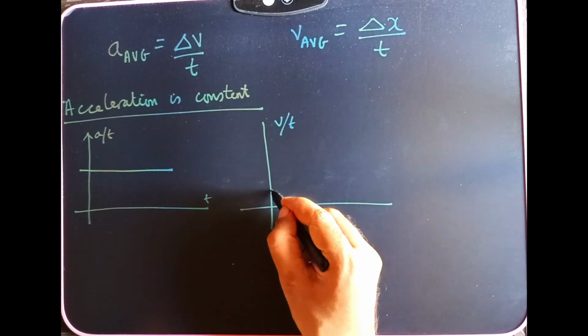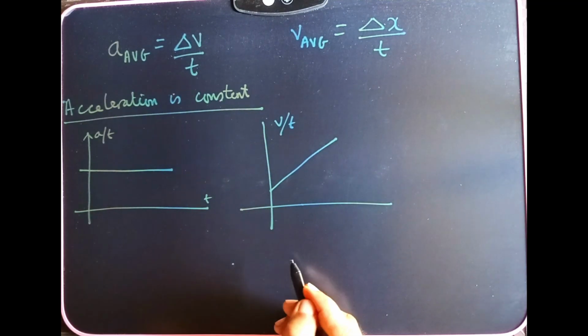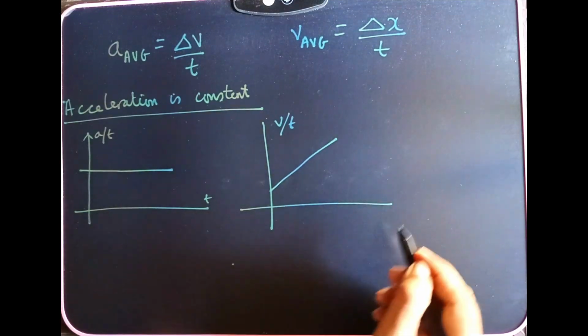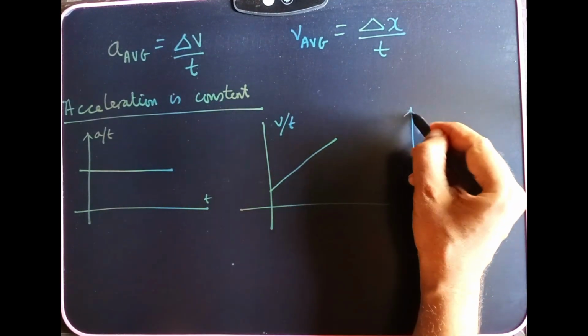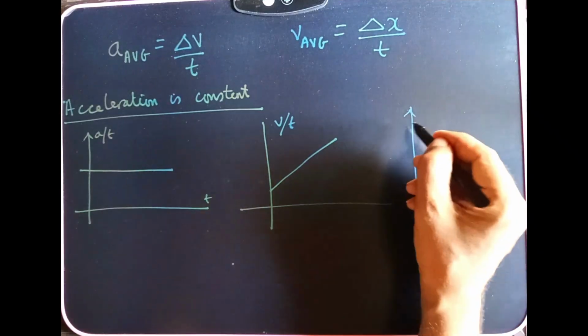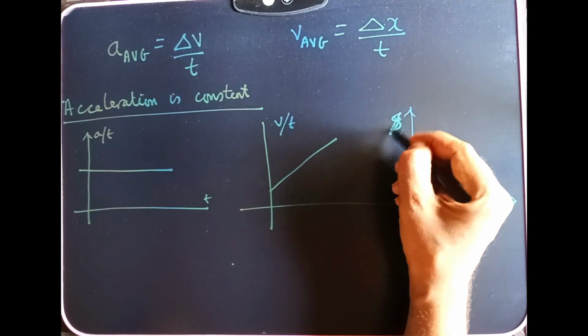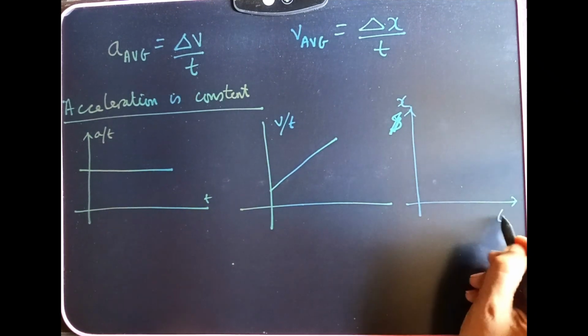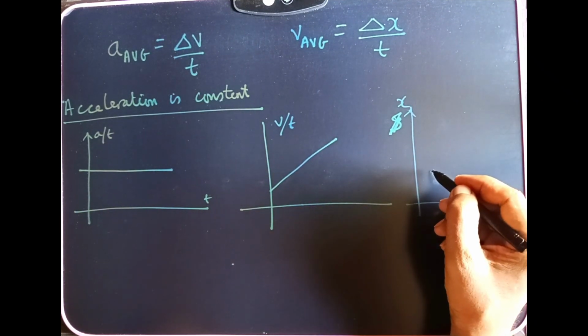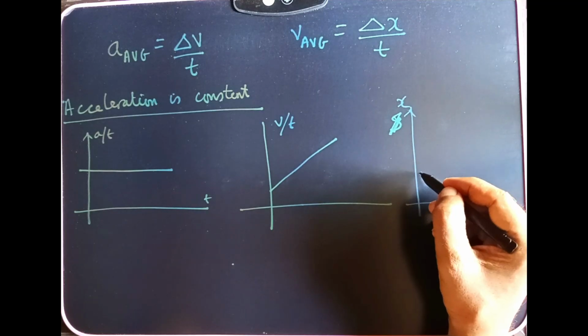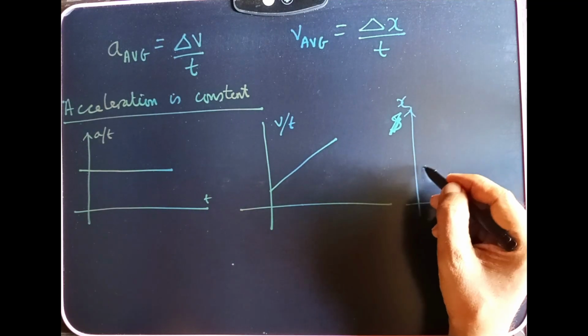It will be plotted as a linear, slanting line. And finally, the displacement graph, we'll call it the xt graph, how will it look? It will look like a curve.